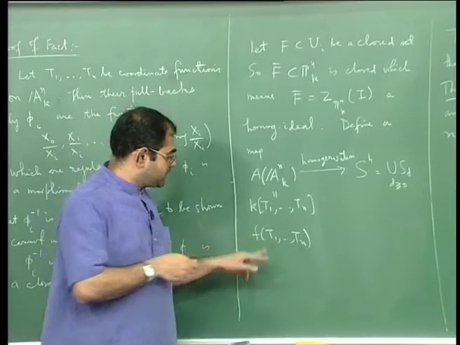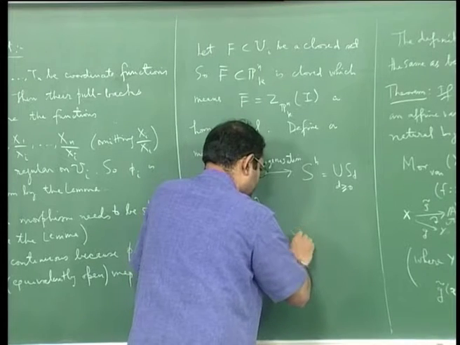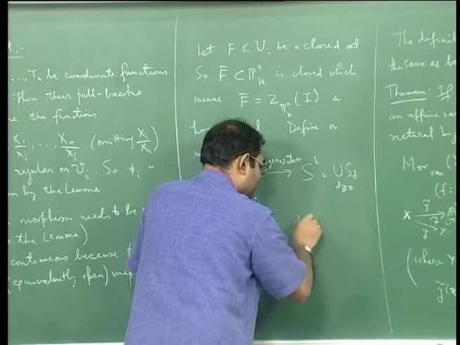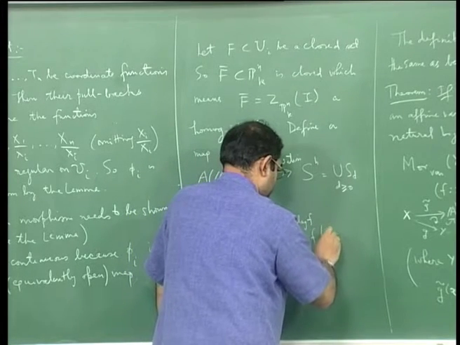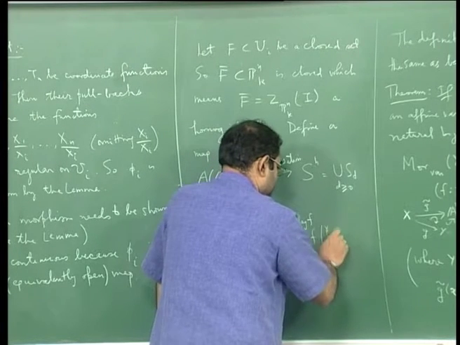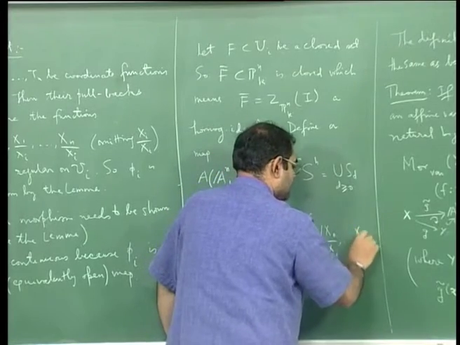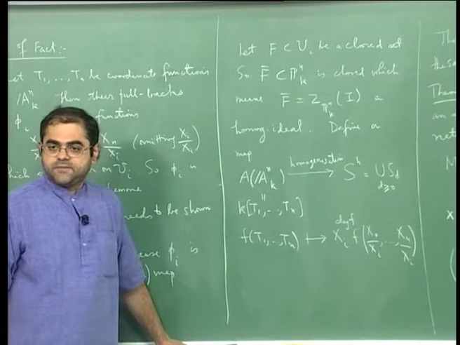And so the homogenization is: I put xi to the power degree f times f of x0 by xi and so on up to xn by xi, okay. This is the homogenization process.